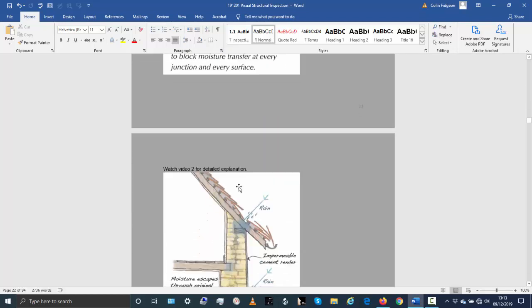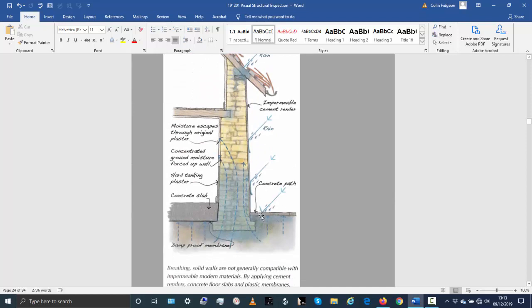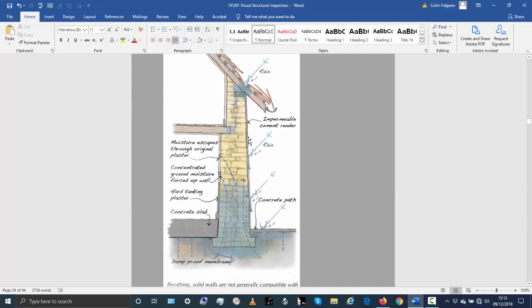Now, the other thing that I forgot to point out is that the addition of a cement render on a wall that's supposed to breathe can trap moisture. It can prevent rain coming in, but it also prevents rising damp from getting out. And overall, it causes a problem.